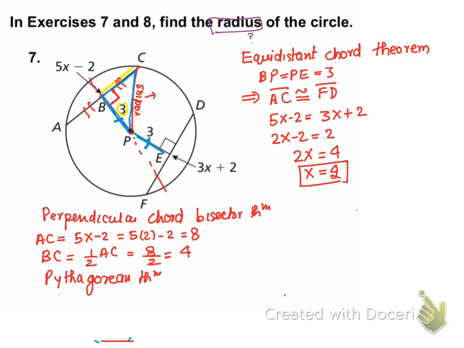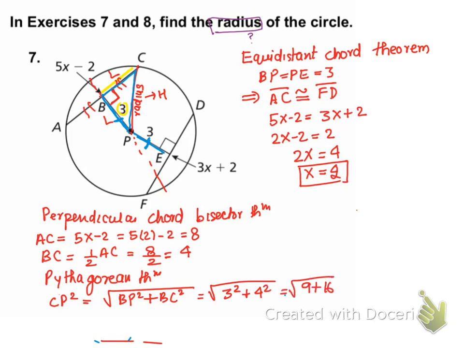This is the hypotenuse, and this is a leg, and this is a leg. So I would say that CP squared is what? Square root of BP squared plus BC squared. We plug it in. BP is what? 3 is given, and BC we already got, 4. Squared, that's 9 plus 16, square root of 25, and that's going to be 5.